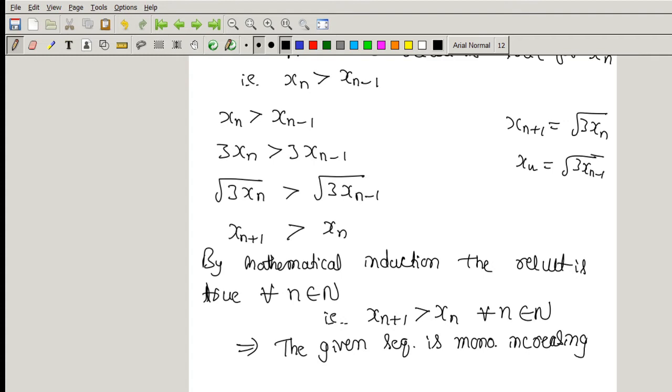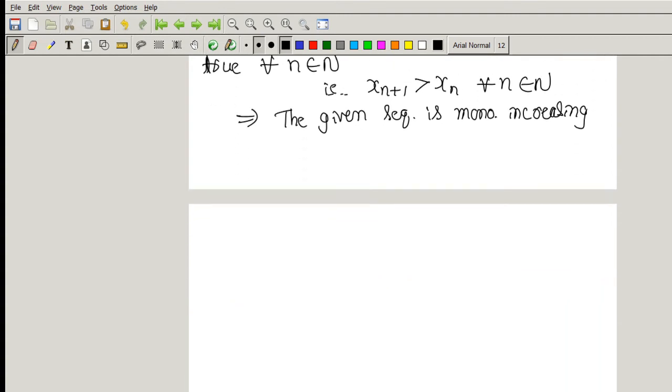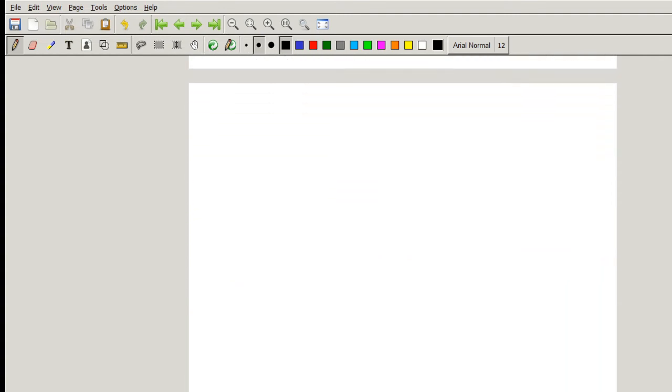If you prove that the given sequence is bounded above, it is enough to show that the given sequence is convergent. So now we check monotonically increasing, bounded above. Given xn plus 1 is equal to root of 3 into xn, with first term root 3. x1 is equal to root 3, which is always less than 3, as root 3 value is 1.7.